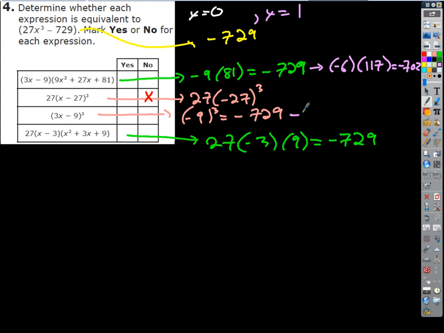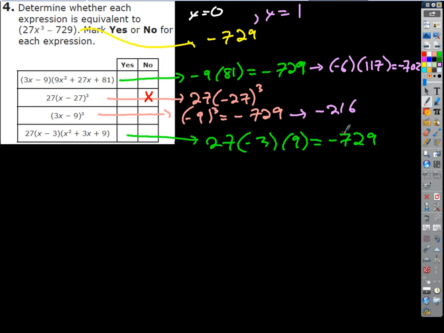What about this one? If I plug in 1, I'm going to get 3 minus 9, which is negative 6 cubed. Well, that's negative 216. And then what about the bottom one?